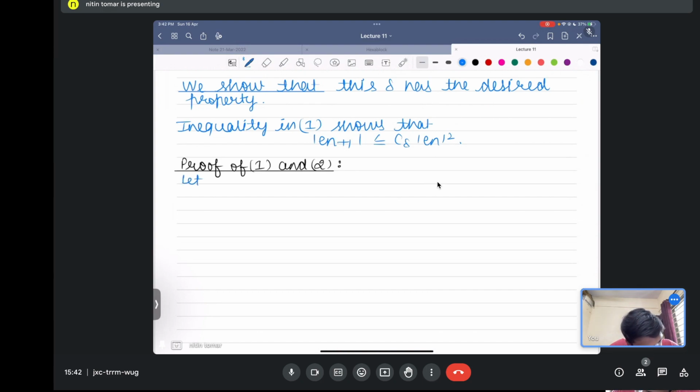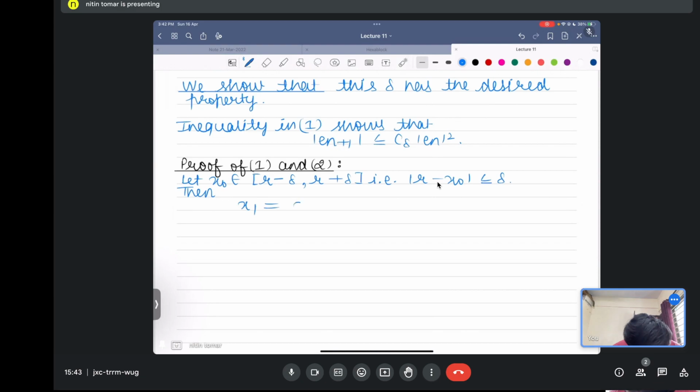Now let x naught belong to r minus delta to r plus delta. So that is, x naught minus r, okay because center is r, so mod of r minus x naught is less than or equal to delta. Then you see x1 is, what was x1? If you start from initial guess, x0 is the initial guess.